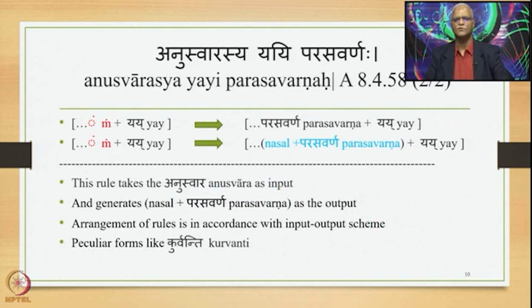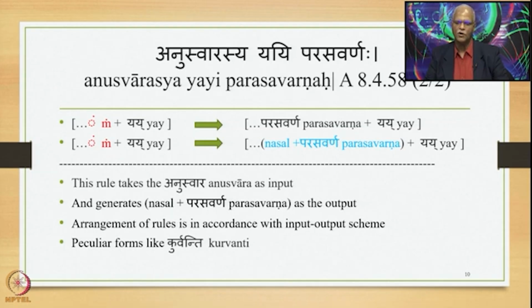Now, the arrangement of rules in the Ashtadhyayi in this particular section, namely the Asiddha section, is in accordance with this input-output scheme, which then means that the output of 8.4.58 cannot become the input for any previous sutra, and therefore we can generate forms like kurvanti, which evade the retroflex, which comes at 8.4.1.